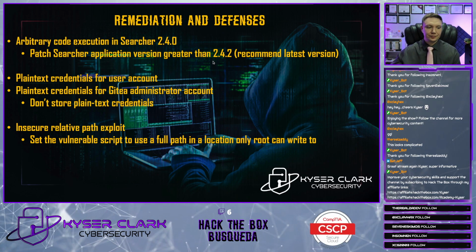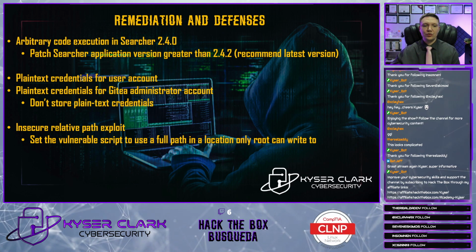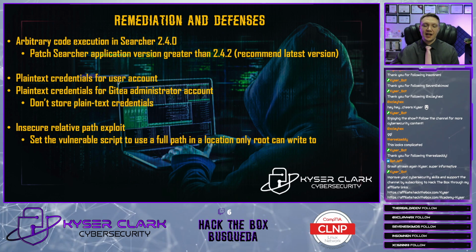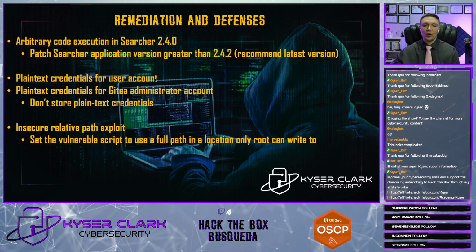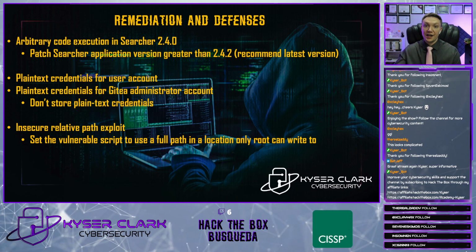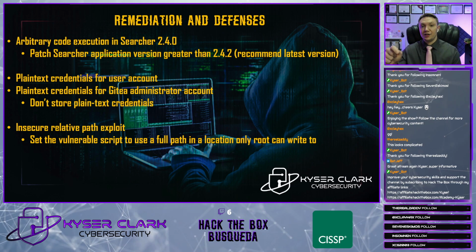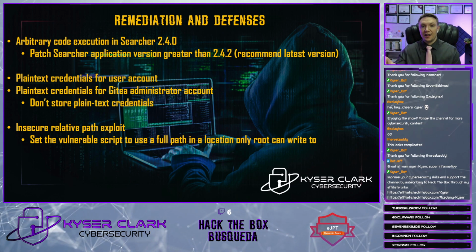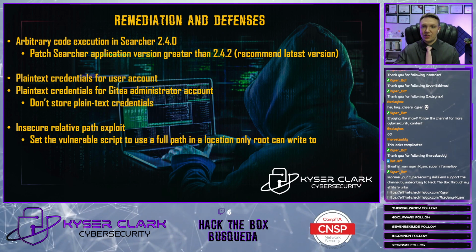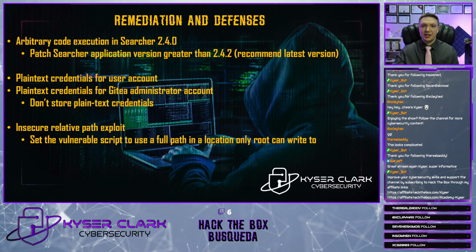For the plaintext credentials, we found two different plaintext credentials. We found passwords for the Kodi user on the Git repository, and the SVC password on the machine. Those are using the same password, so I recommend don't share the same passwords for those accounts, and definitely don't put them on the machine in plain text.